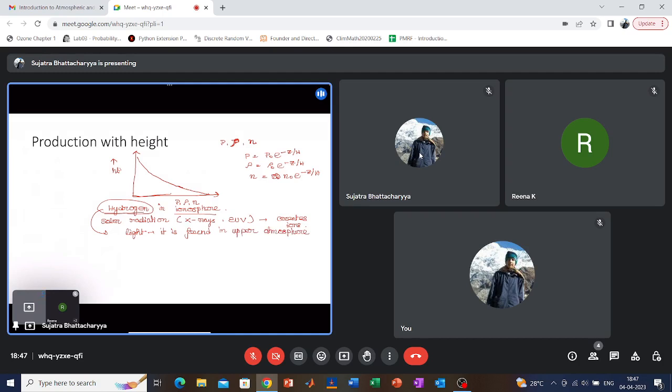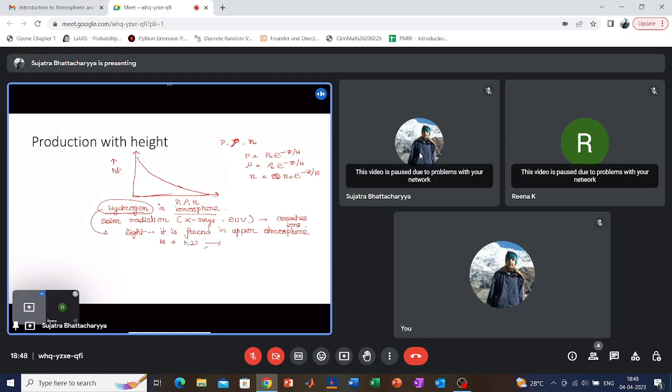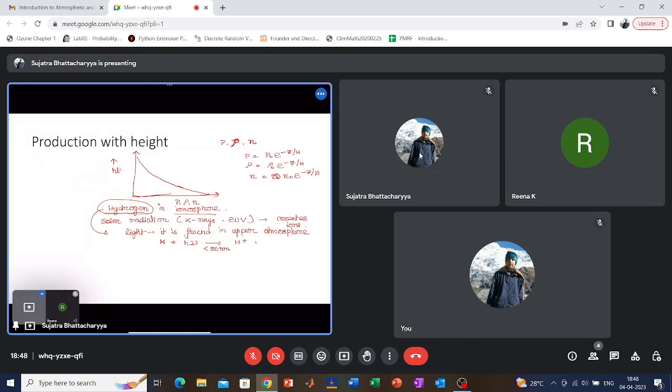Fine. Now a chemical reaction I will write, which is a kind of photoionization. So H plus h nu, the photons, but the wavelength should be less than 90 nanometer, and that becomes H plus plus an electron. Right?